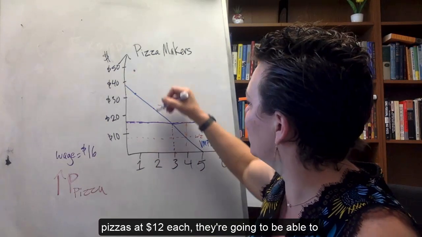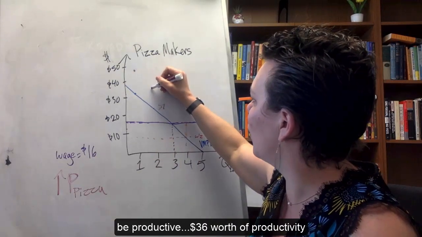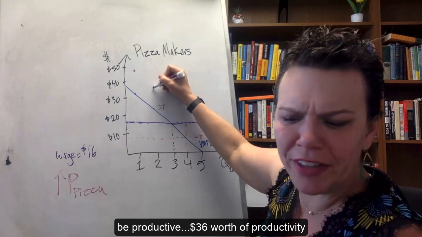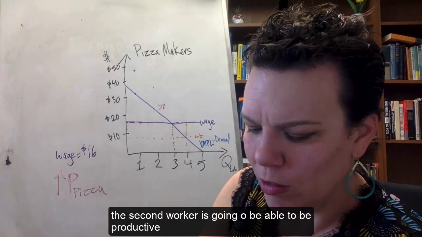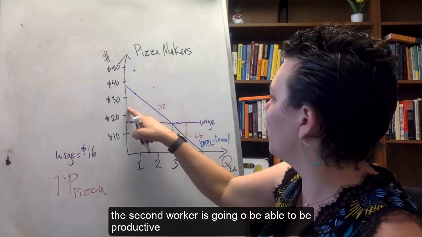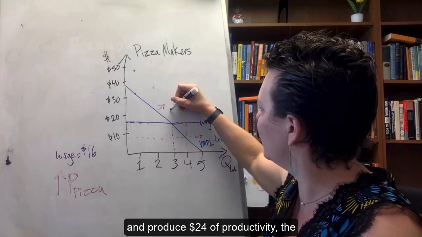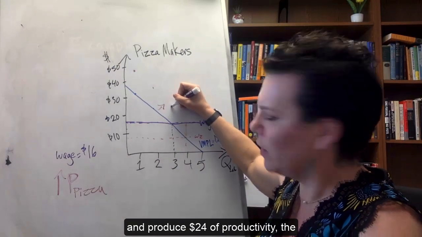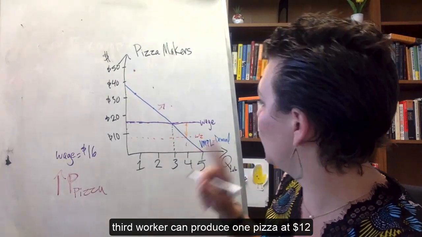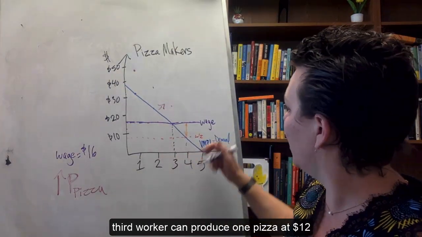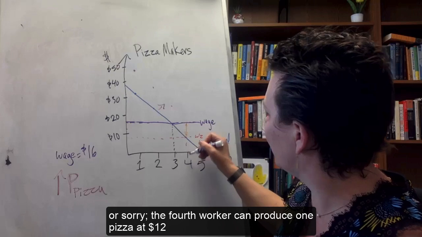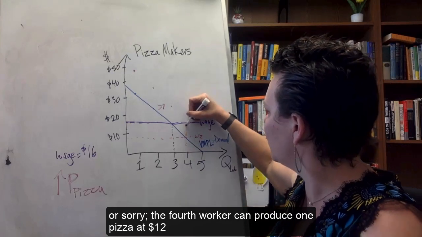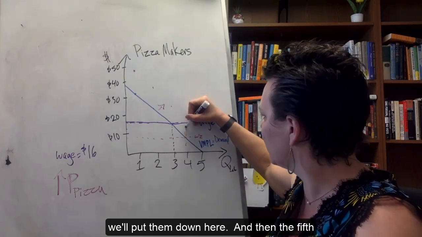They're going to be able to be productive $36 worth of productivity. The next worker is going to be able to produce $24 of productivity. The third worker can produce 1 pizza at $12. The fourth worker can produce 1 pizza at $12, so we'll put them down here maybe.